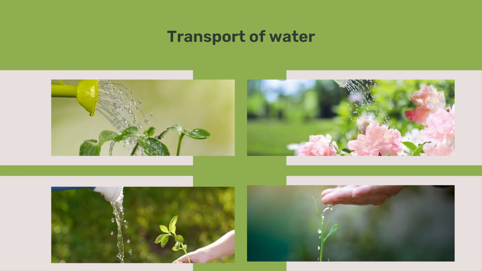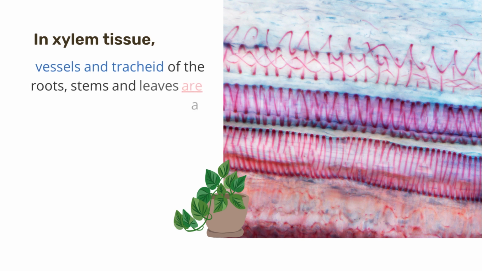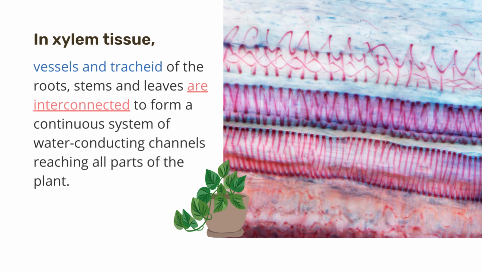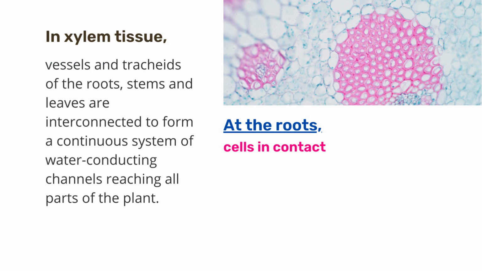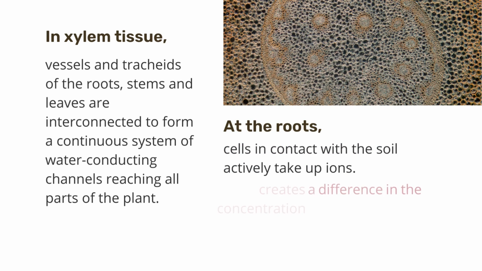Now let's first see transportation of water in plants. In xylem tissue, vessels and tracheids of the roots, stems, and leaves are interconnected and they form a continuous system of water conducting channels reaching all parts of the plant. At the roots, cells in contact with the soil actively take up ions.